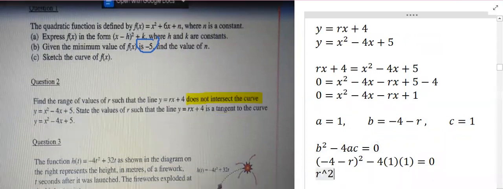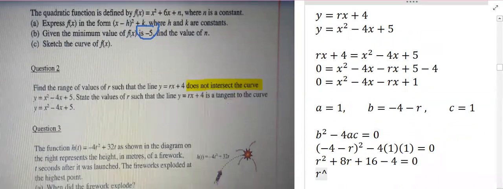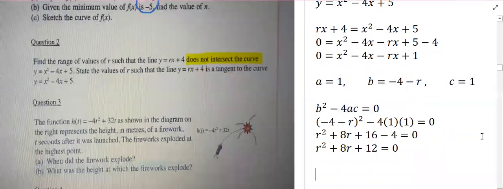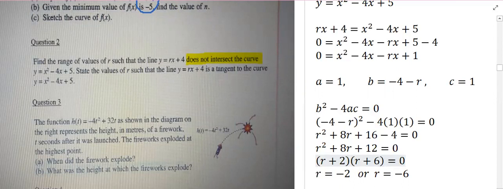So after you expand like just now, r squared plus 8r plus 16 minus 4 equals to 0. So r squared plus 8r plus 12 equals to 0. So you do the equation degree 2, your r you get negative 2 and r get negative 6. So this one, r plus 2, r plus 6. So the final answer is this one only.